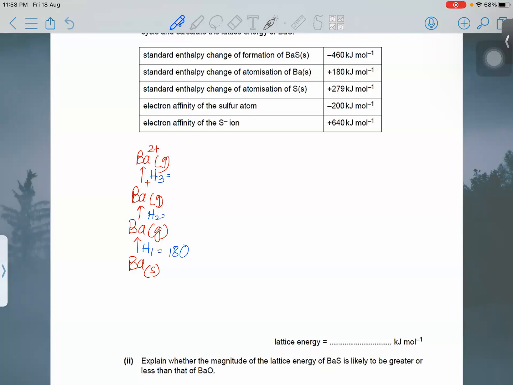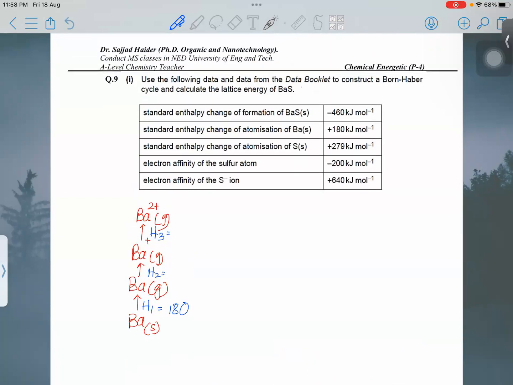Then H2. We don't have H2 and H3, so the data booklet is required, right? Yes, sir.